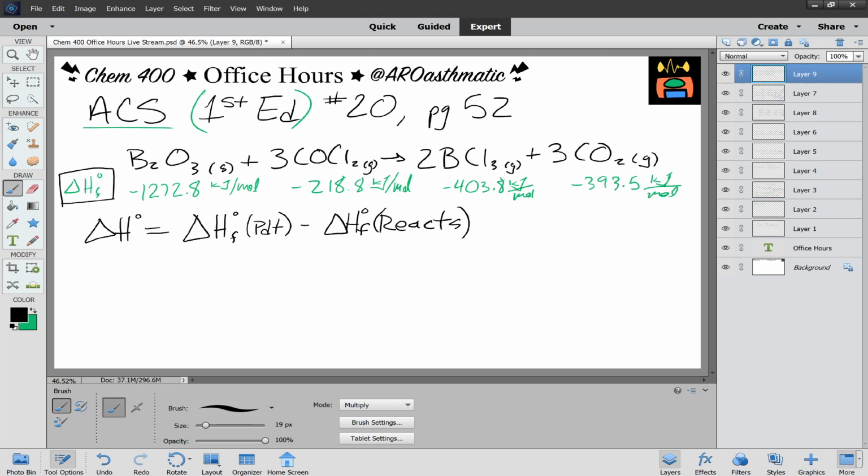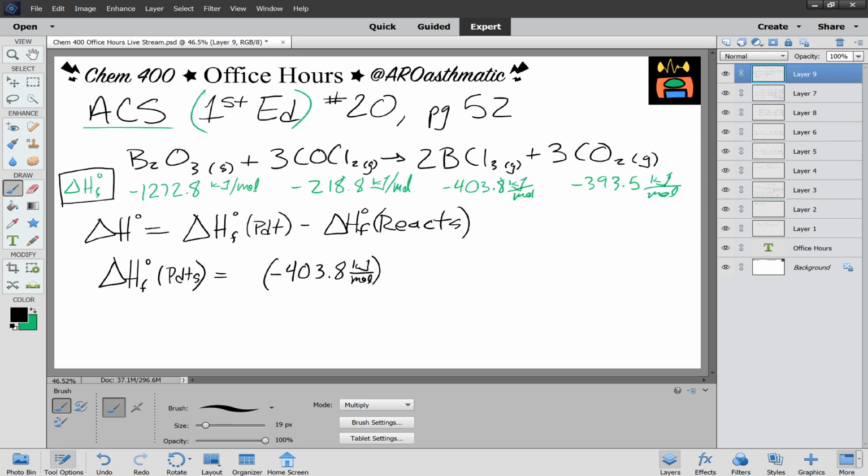Now, the one thing you have to keep in mind when you're doing this, so let's do our products first, is the definition of change in enthalpy of formation, or heat of formation as they're called in this problem, is that 1 mole of that substance is formed. So if 1 mole of, for example, boron trichloride is formed, 403.8 kilojoules of energy will be released.